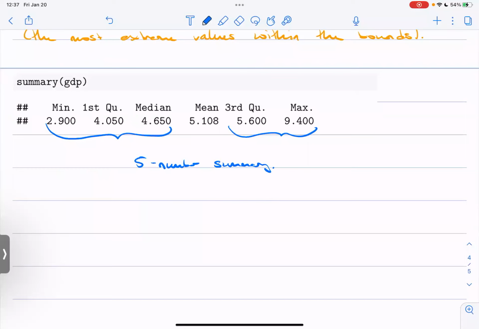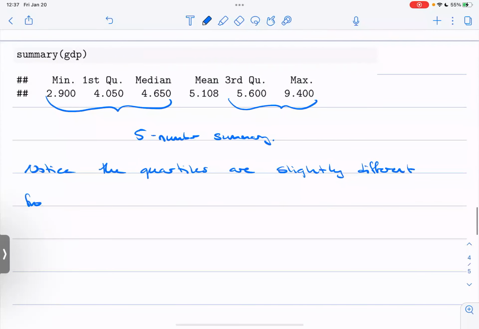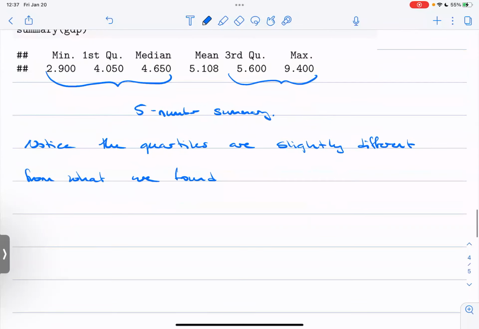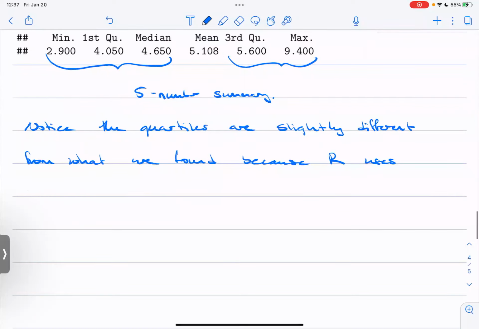So here, notice the quartiles are slightly different from what we found, because R uses fancy weighting. But results should be similar.